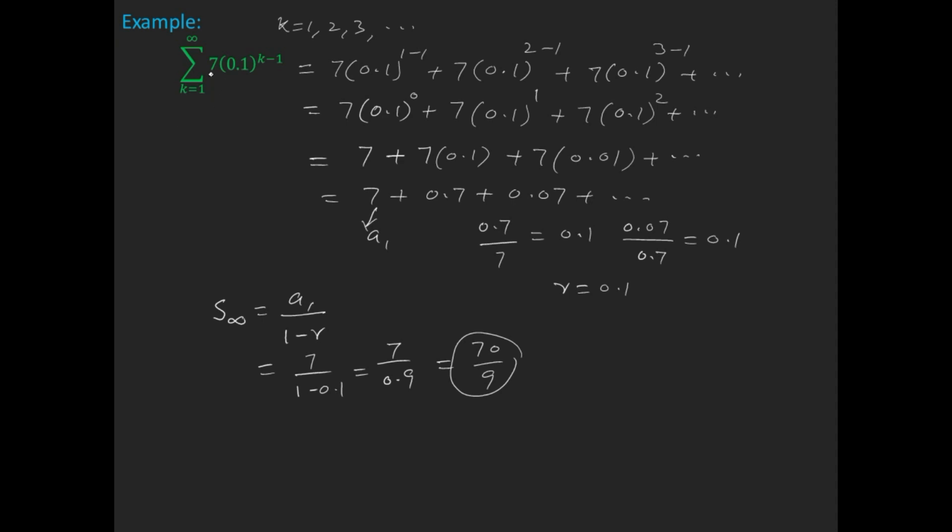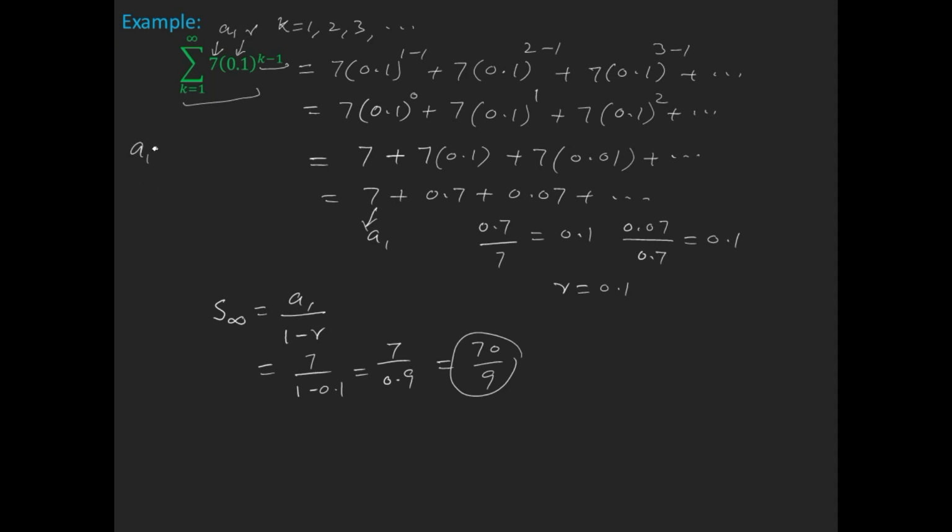But looking at this sigma notation without expanding, we can calculate a1 and r from it. Looking at this place, if here we find k minus 1, then this is the condition: the coefficient is a1, which is the first term, and the base under this power, 0.1, is r.